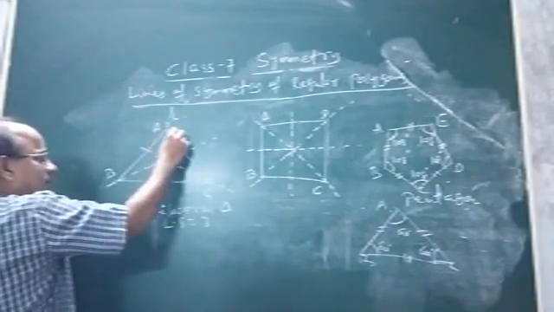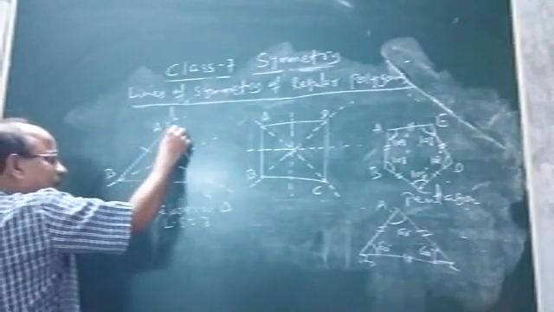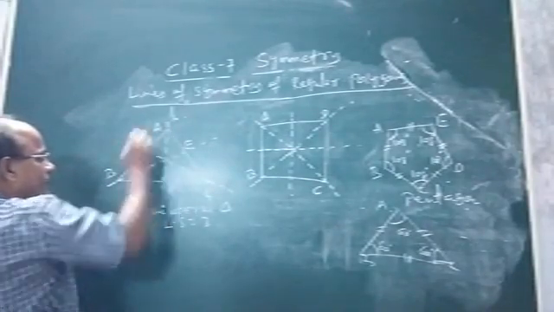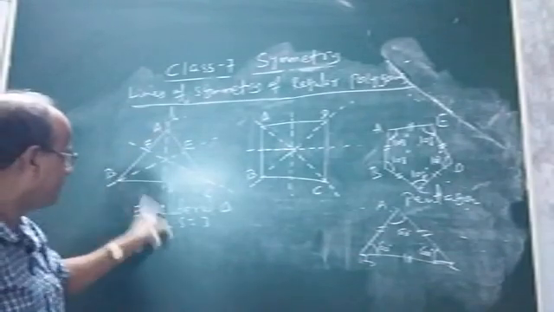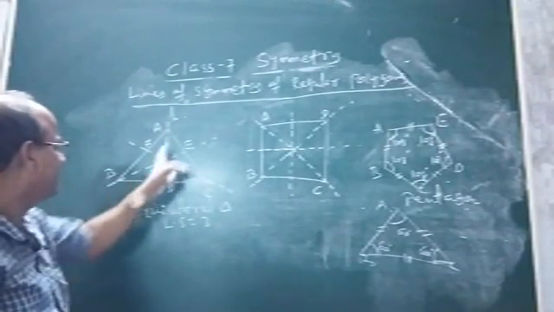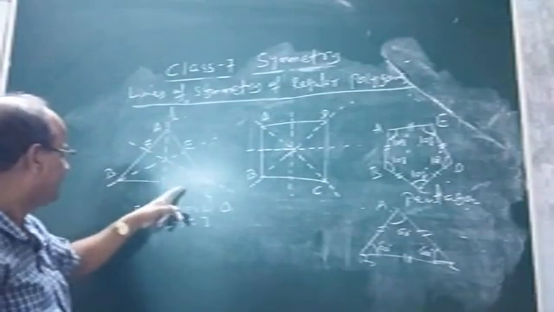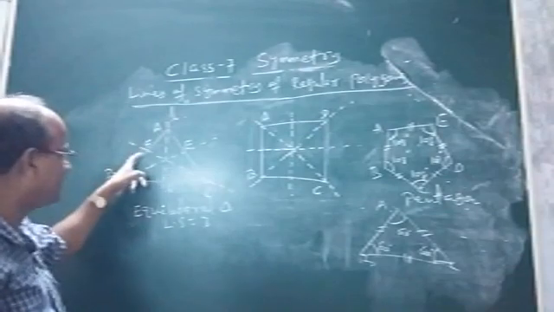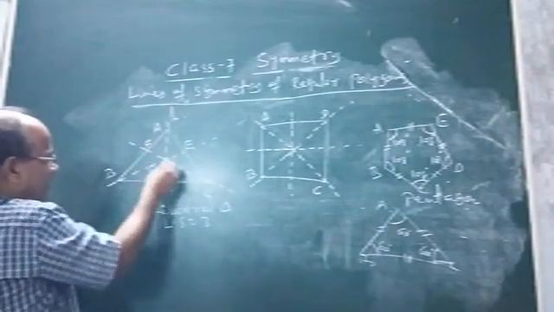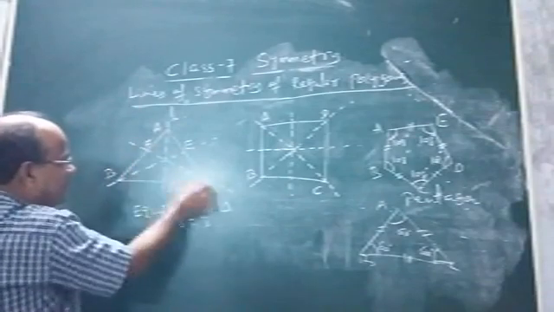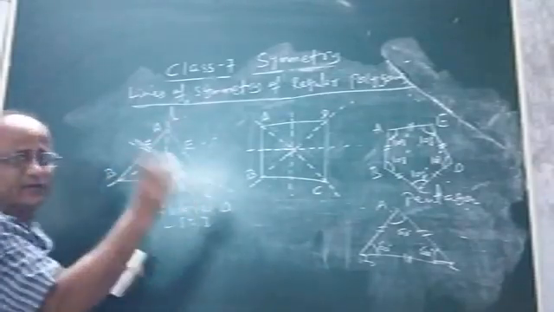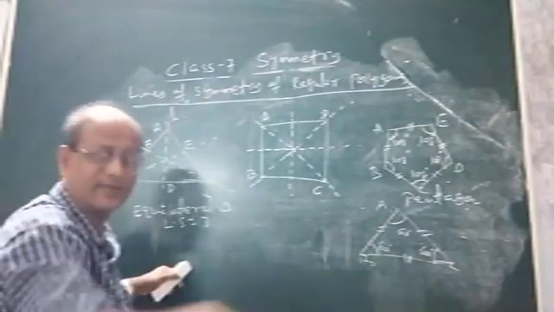If you draw the bisector of the vertical angle A, suppose the bisector of angle A intersects BC at D, the bisector of angle B intersects AC at E, and the bisector of angle C intersects AB at F. Now about the bisector AD, if you fold the two parts ABD and ACD, you will find that the two triangles coincide with each other.